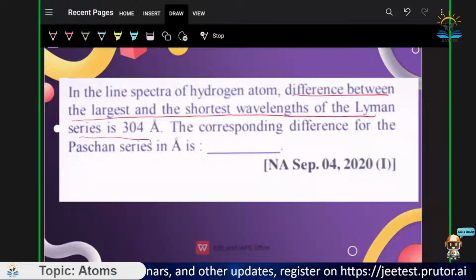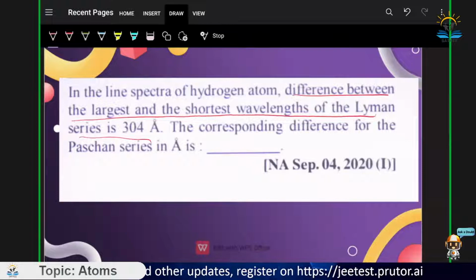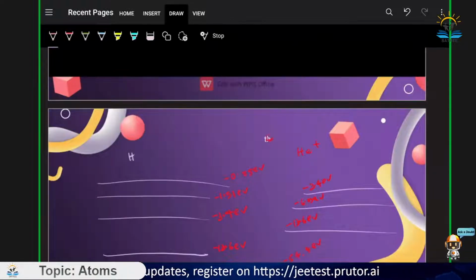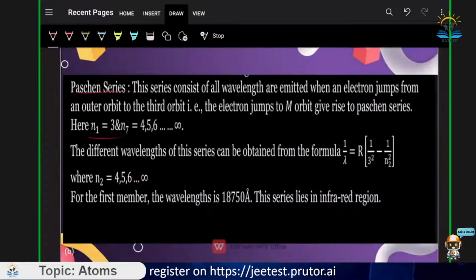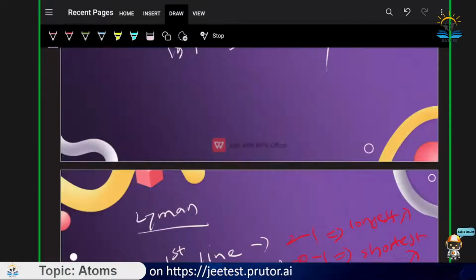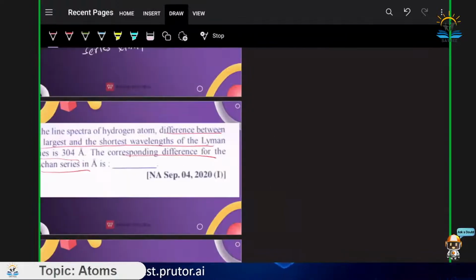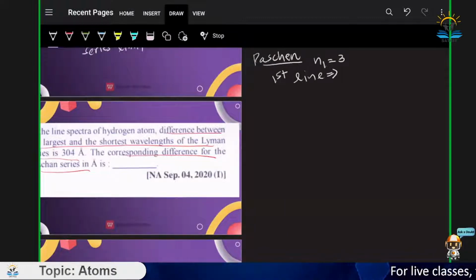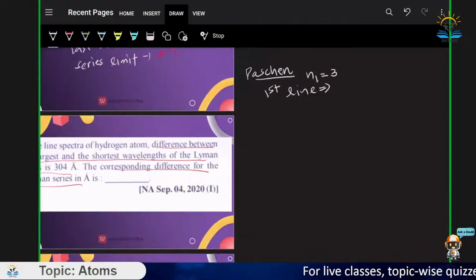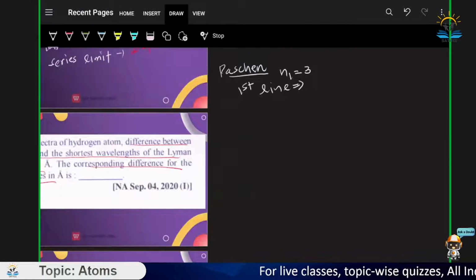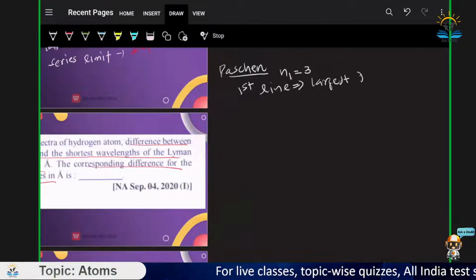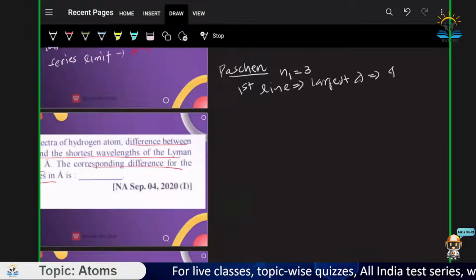Paschen series means n1 equal to 3. The first line will have a low energy gap, which means largest wavelength, which is 4 to 3.